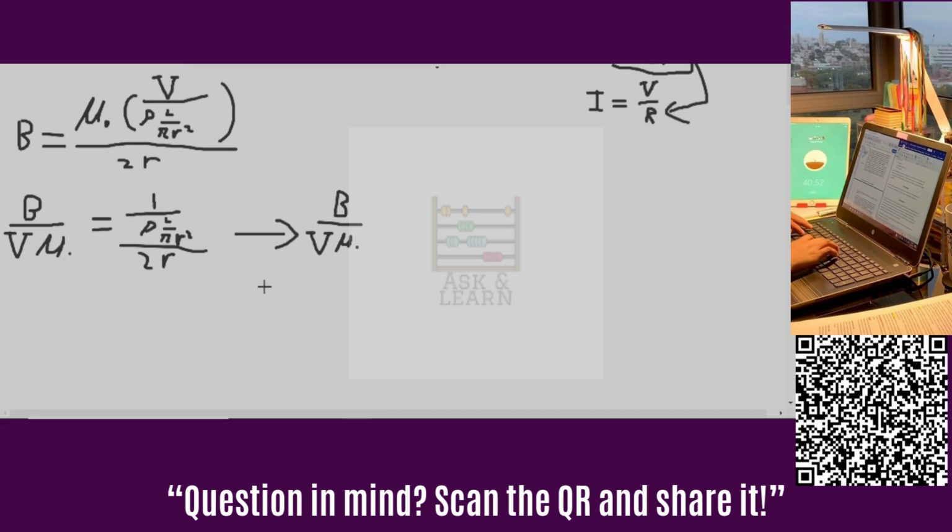If we multiply both sides by 2, we'll get the 2 up here with the B. Just trying to save a couple steps here. So now if we flip this, it looks like this. We have pi r squared divided by rho L, the length. All this now divided by r.